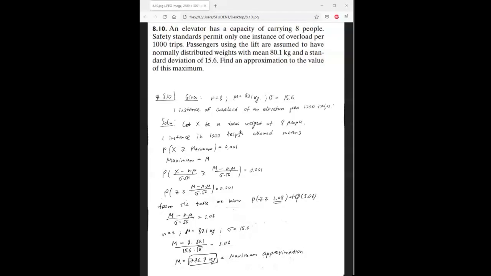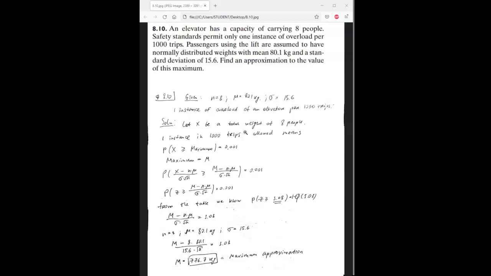Okay, question 8.10. An elevator has a capacity of carrying 8 people. Safety standards permit only one instance of overload per 1,000 trips. Passengers using the lift are assumed to have normally distributed weights of mean 80.1 kilograms and standard deviation 15.6.